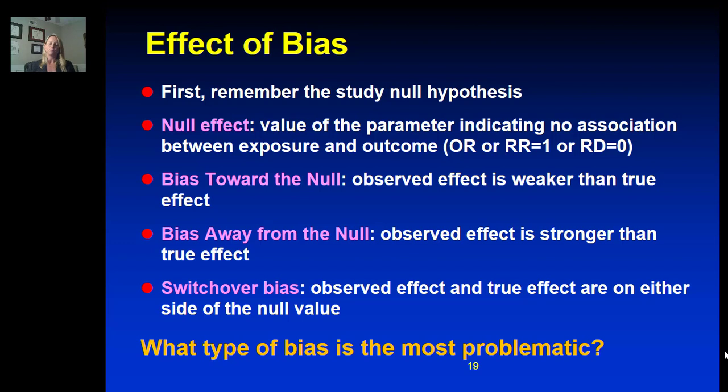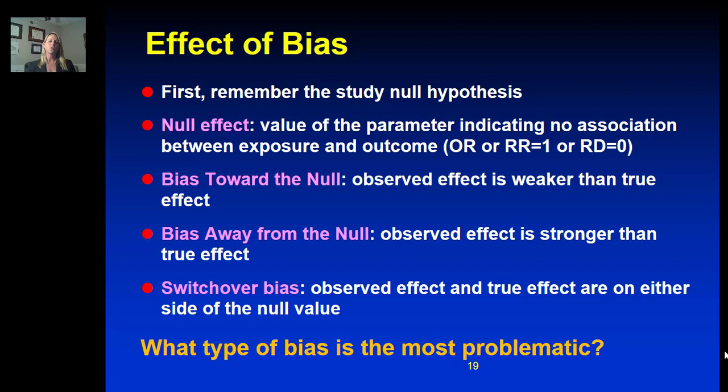And then, as I also said, when your observed effect is larger or stronger than the true effect, then you have bias away from the null. Finally, you can have what's called switchover bias, which is when the observed measure of association and the true measure of association are on opposite sides of the null value from each other.